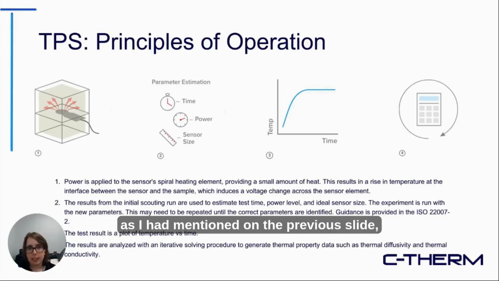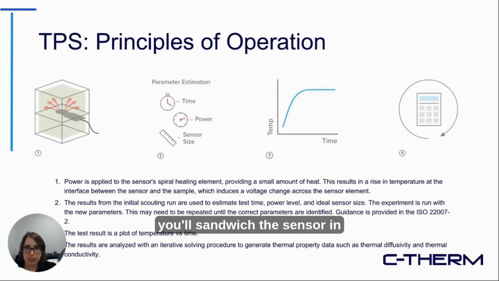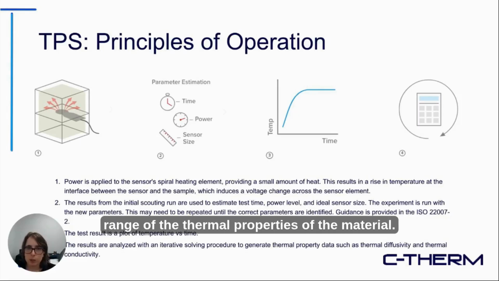So as I had mentioned on the previous slide, when you're testing solid samples, you'll sandwich the sensor in between the two solid samples and then apply a heat pulse. With this method, it tends to be a bit iterative in its application, in that you run an initial scouting run based on an estimate or an educated guess of the approximate range of the thermal properties of the material.